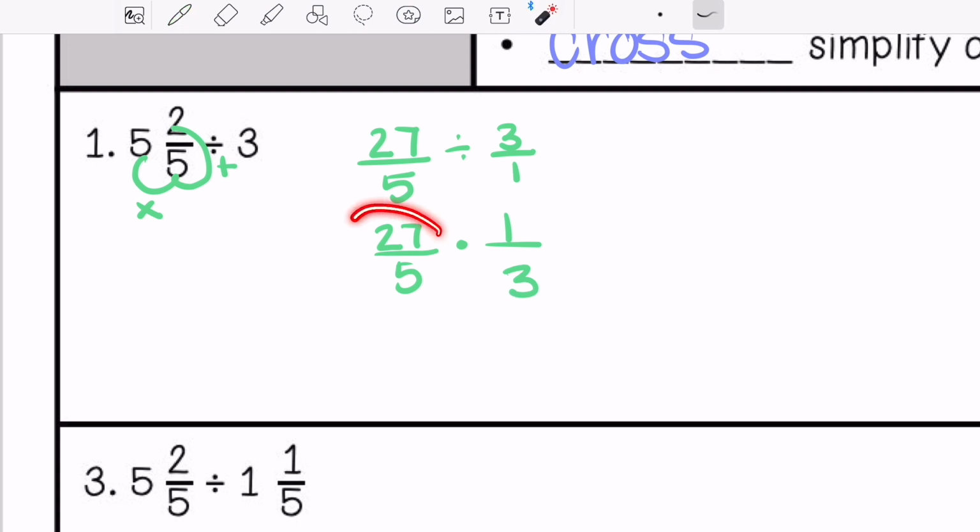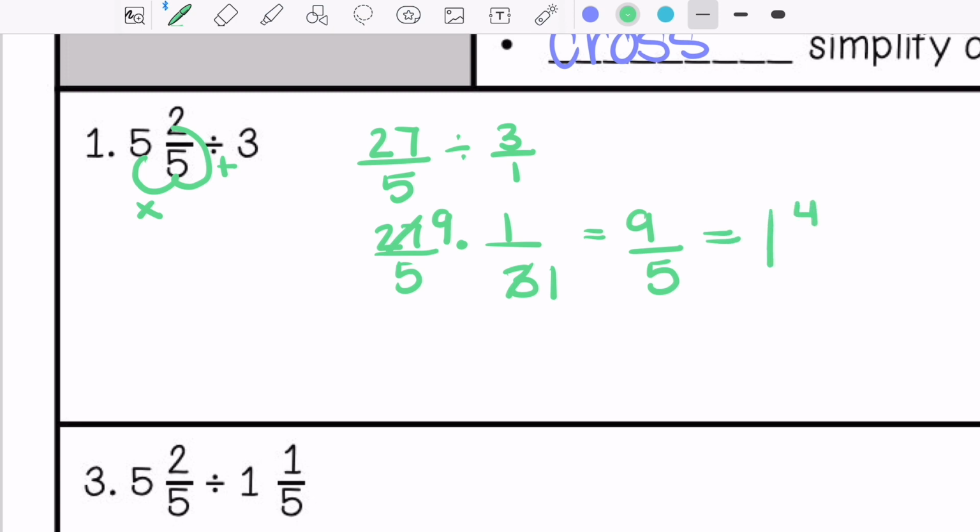The greatest common factor between 27 and 3 is 3. And the greatest common factor between 5 and 1 is 1, so we're not going to do anything with that one. So 9 times 1 is 9, 5 times 1 is 5, 5 goes into 9 once with a remainder of 4. So my answer is 1 4/5.